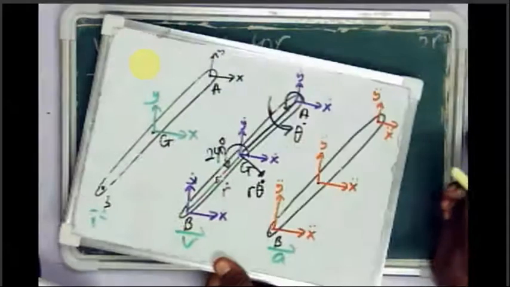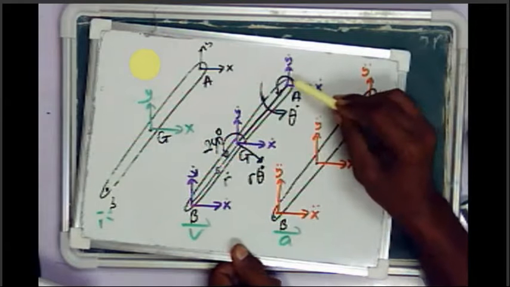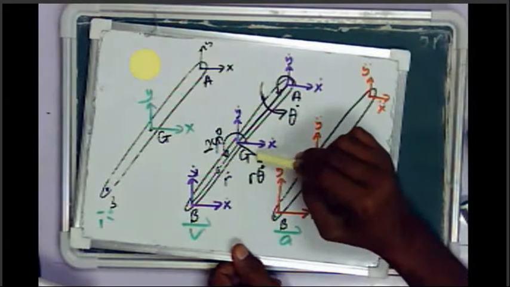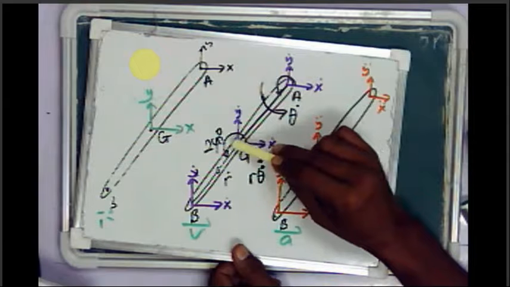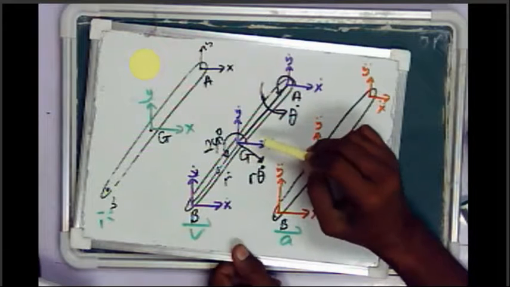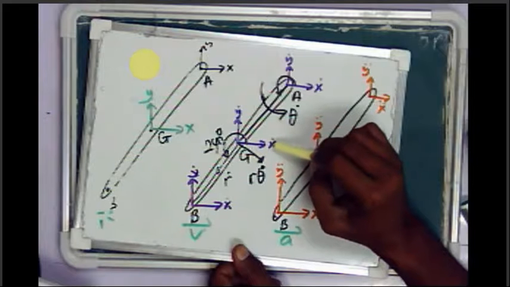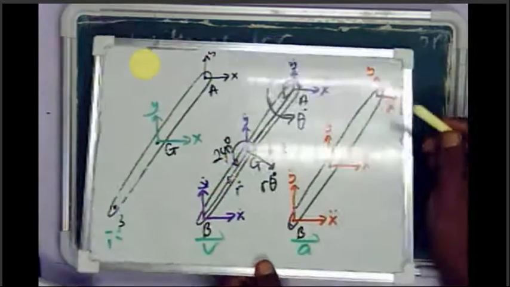So if you look at these equations, these figures, the velocity of G here has a radial component and an angular component, and if you want to convert the polar coordinate system into the Cartesian coordinate system, the angle is taken from the horizontal line here, which coincides with the x component, and then we can obtain the values of the velocity.